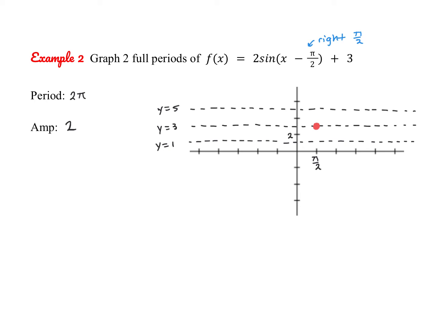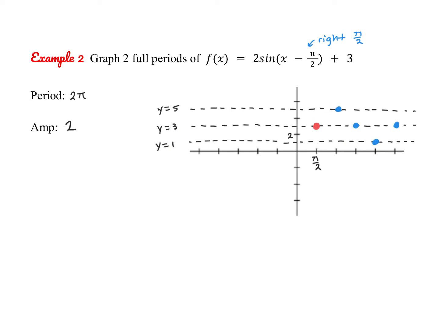And then I know that sine goes from the starting point up to the maximum. So I go up to here, and then back to the midline, down to the minimum, and then back to the midline. Since I've scaled the graph to be a period divided into 4, I can just bounce between these 4 quadrants and my graph will be accurate.